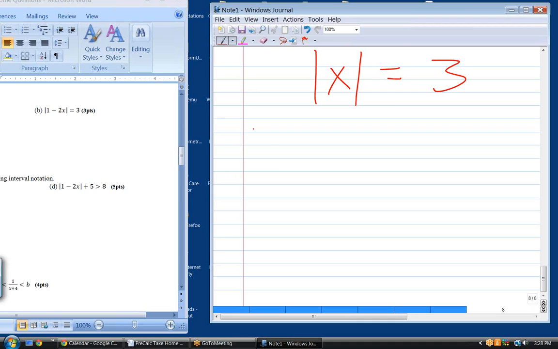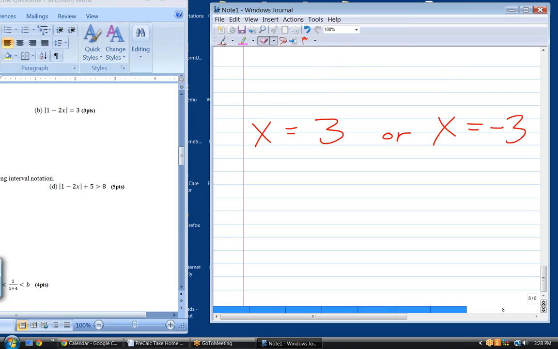And the two equations are either x is equal to 3 or x equals minus 3. And that's how you do every one of these type problems. Right, because there's only two ways to solve for it, right? Well, the key is that it always turns into two equations. And the key is to never change what's inside the absolute value.